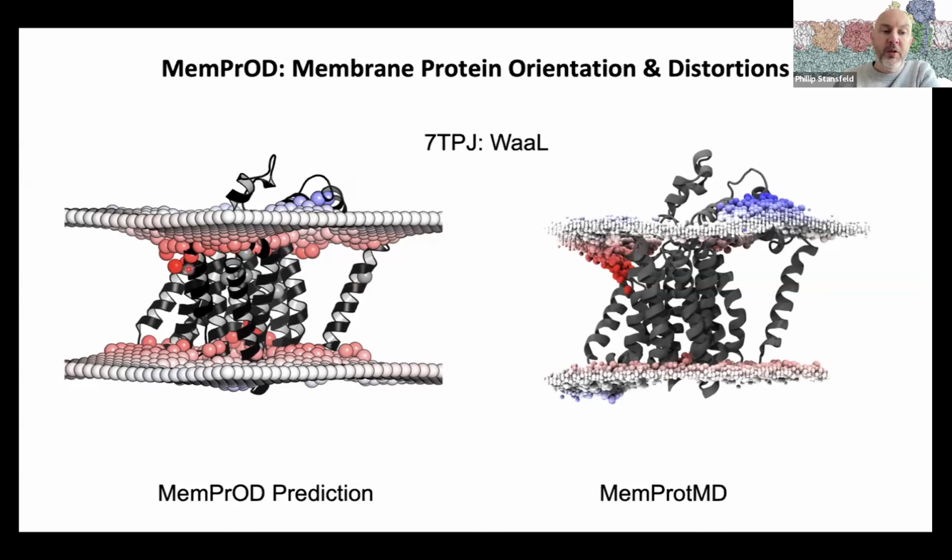And so we were able to identify within our molecular dynamics simulations a thinning of the membrane shown on the right-hand side. And this was equivalently seen within the MemProtMD database and the data set. This thinning of the membrane was where the lipopolysaccharide was binding. And with this MemProd prediction, which takes about 5 minutes to run, we can get something similar in terms of its distortion around that particular binding site.